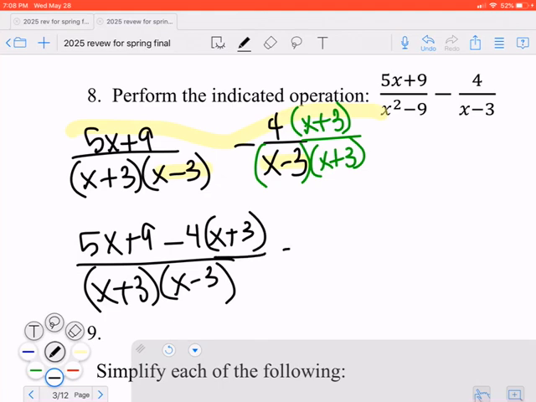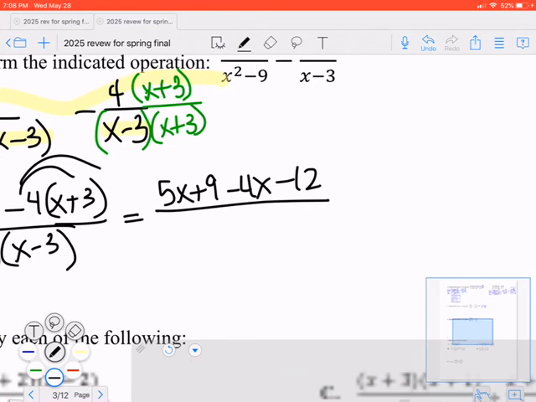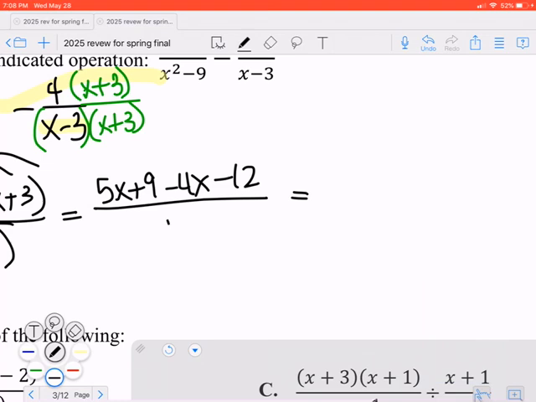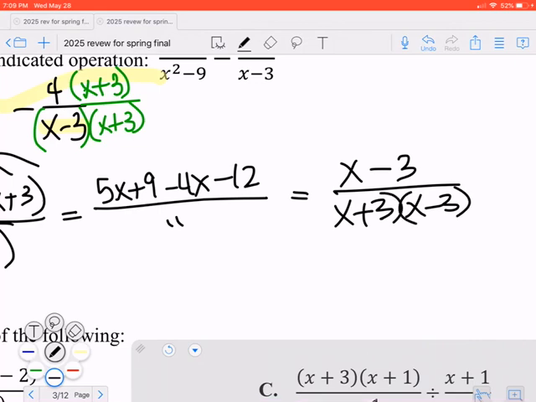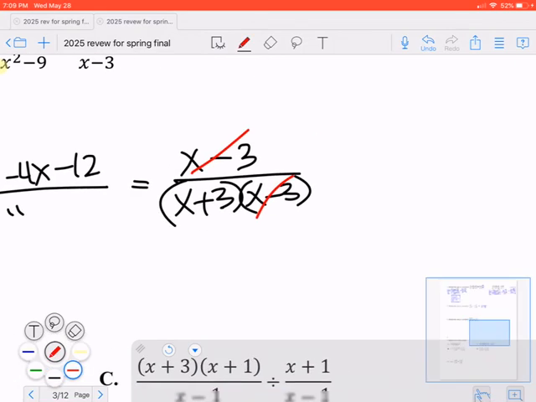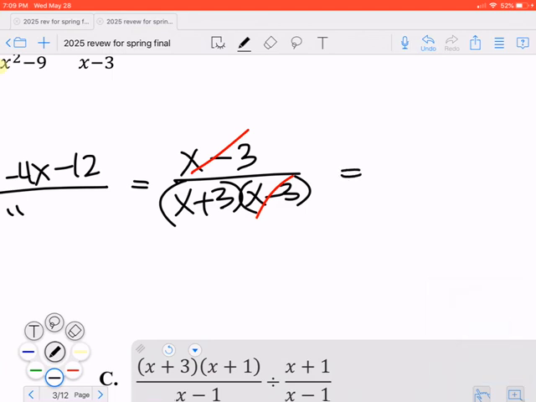And then I would simplify the top and combine like terms. 5x plus 9 minus 4x minus 12, distributing a -4, same denominator. 5x minus 4x is x, 9 minus 12 is a minus 3. X plus 3, x minus 3. And of course, x minus 3's cancel. And there's a 1 left on top over x plus 3.